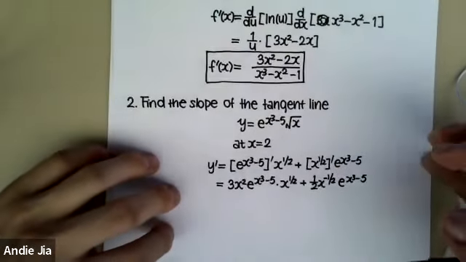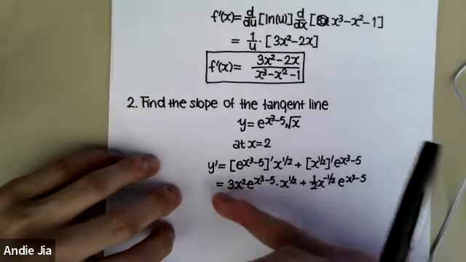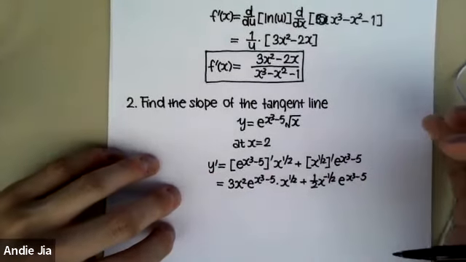So what is the slope of the tangent line? It is y prime at x equal to 2.